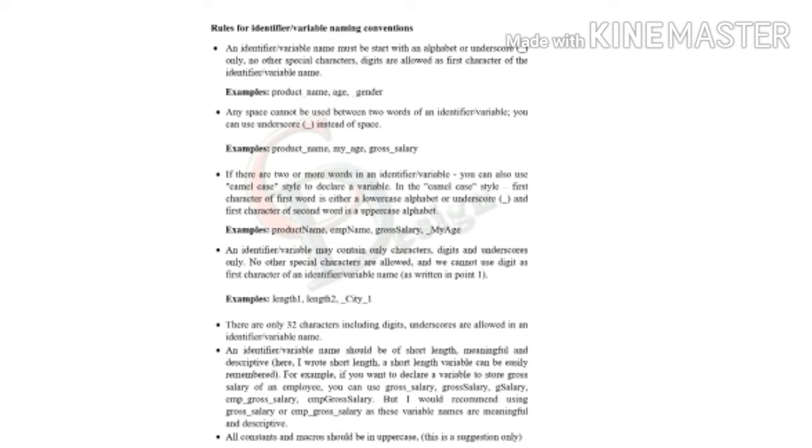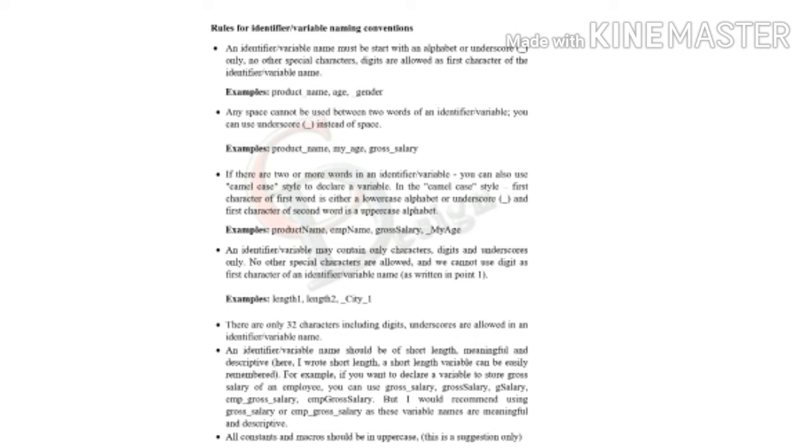Then the other one says any space cannot be used between two words of a variable. You can use underscore instead of space. This one also, the example has been given. Then the other one says if there are two or more words in a variable, you can also use the camel case style to declare a variable. In this case, an example has been given.